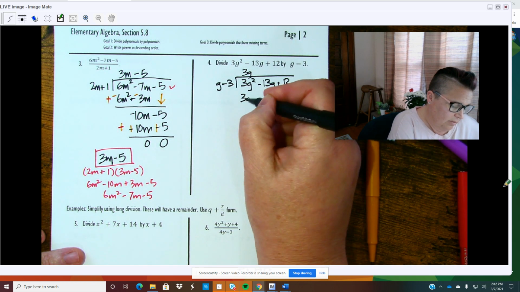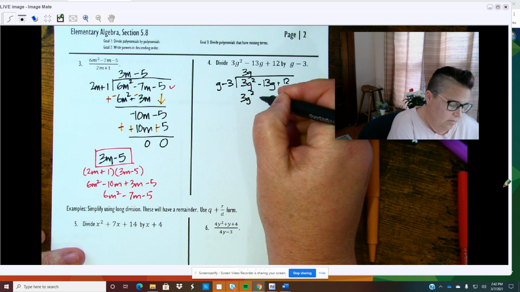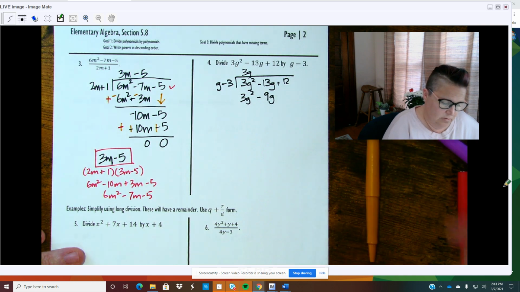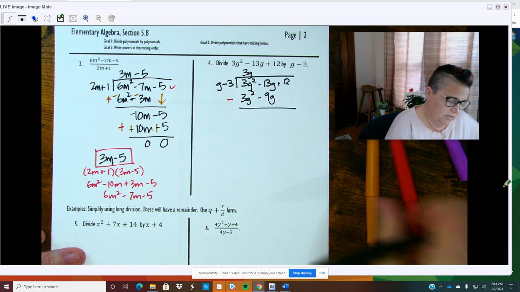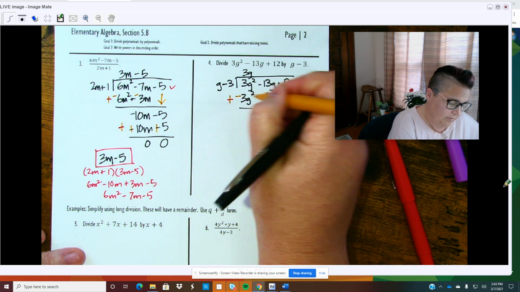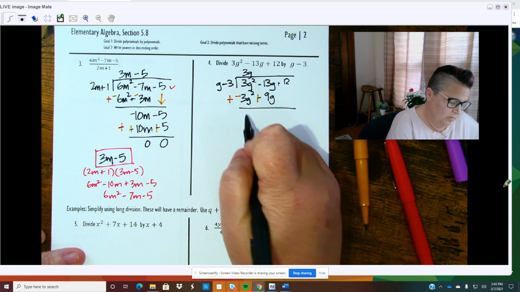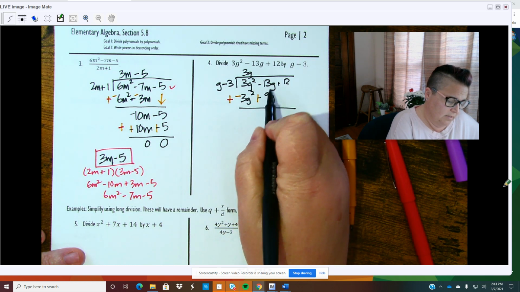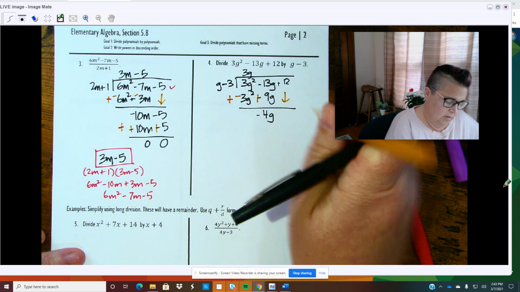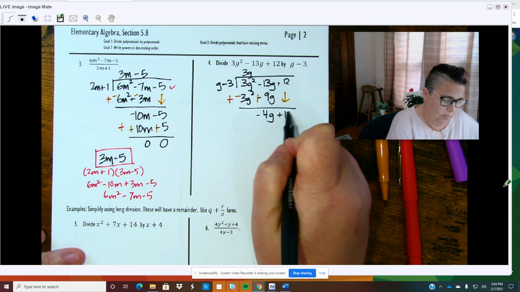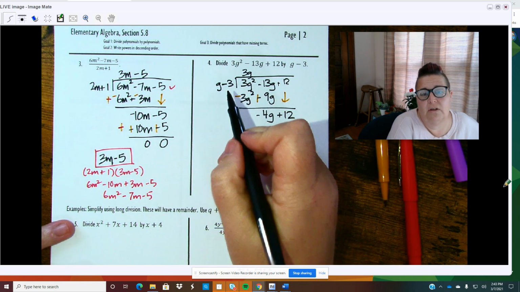Multiply back, I get a 3g squared minus 9g. Subtract, which is the same as adding opposites. So that's no g squareds minus 4g. Got another point there, so I'm going to bring down the plus 12.